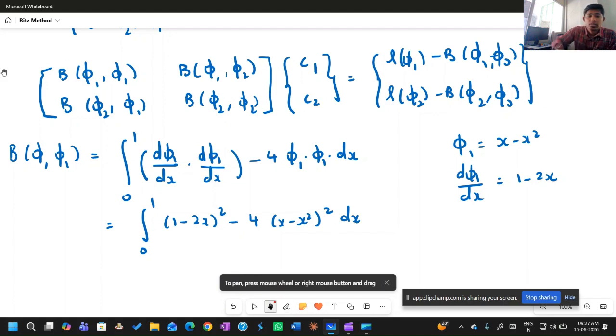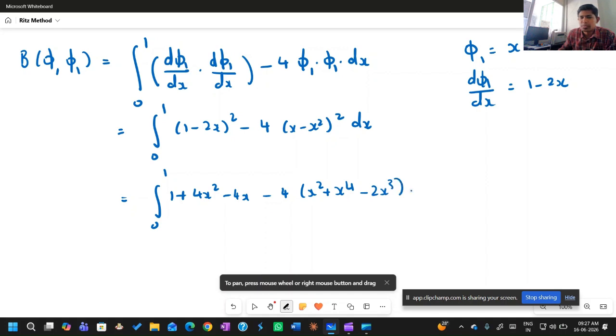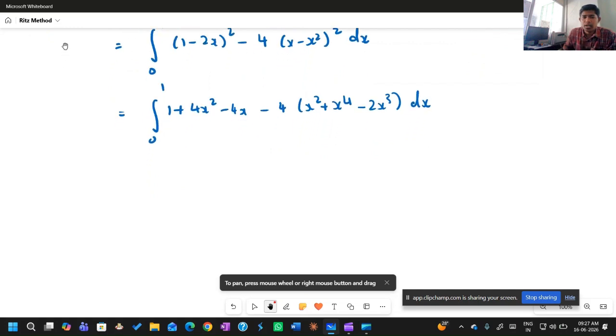Okay. So if I expand this further, we should be getting 0 to 1, 1 plus 4x square minus 4x minus 4 into x square plus x power 4 minus 2x cube into dx. And if I reduce this much further, I'll get 0 to 1, 1 minus 4x minus 4x power 4 plus 8x cube into dx.